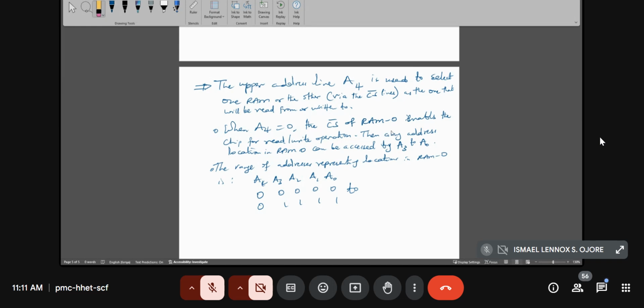So the range of addresses representing locations in the two chips, this is for RAM 0, and for RAM 1.